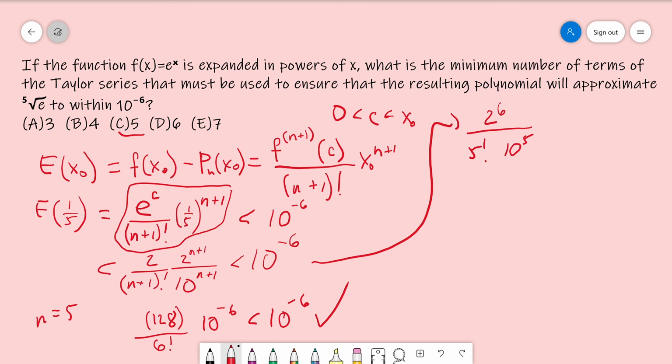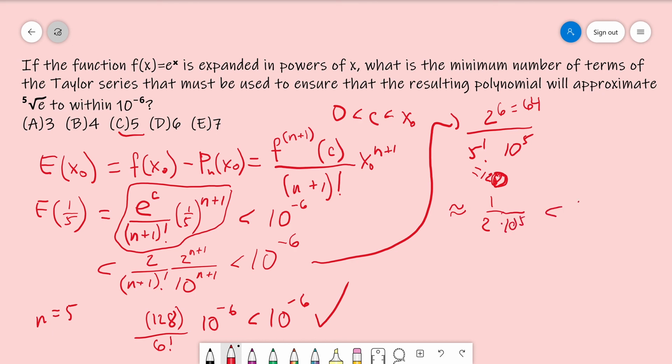Well, 2 to the 6th, that's going to be 64, and 5 factorial, that's just 120. So 64 over 120, that's approximately 1/2. And we still have this 10 to the 5th down here.